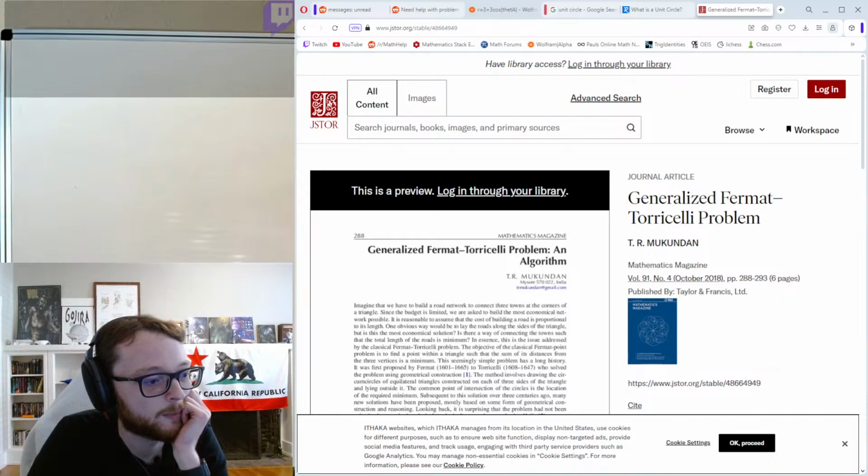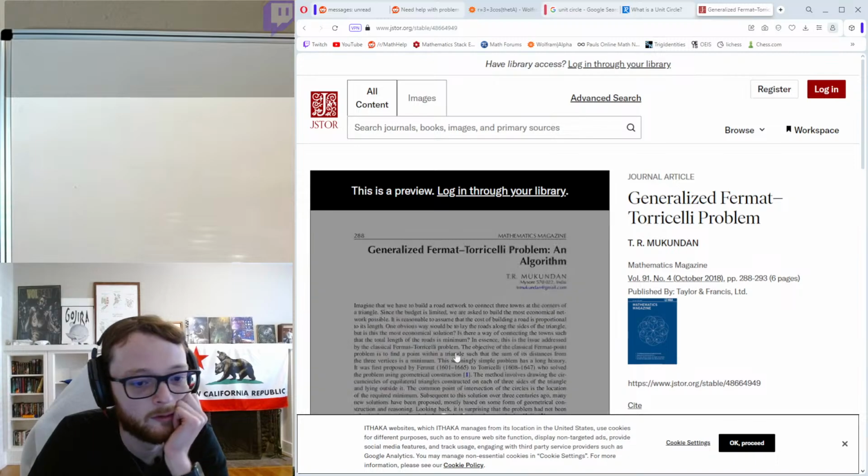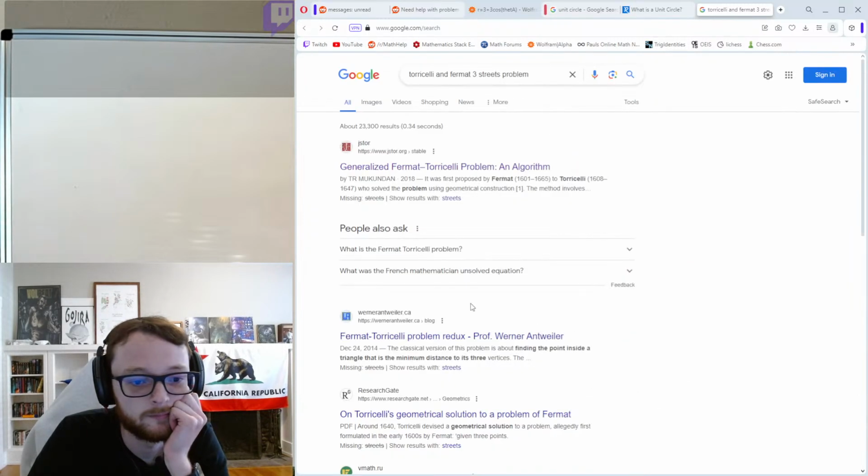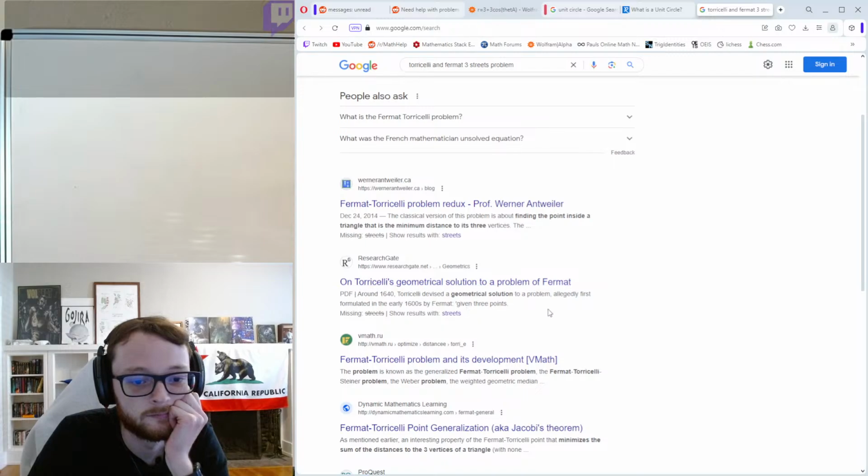Geometry which aims to minimize the sum of the distances between one variable point in the triangle and its vertices. That's like an academic paper. Oh, finding the point inside a triangle that is the minimum distance to its 3 vertices.